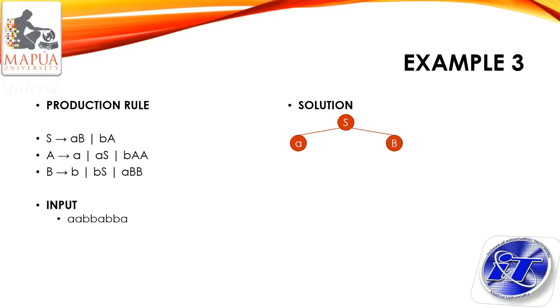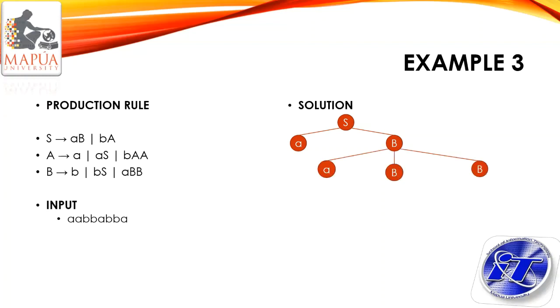Now let's replace the node B. We have three options: b, BS, ABB. Which among these three will be used to replace B? Let's check the input. The second symbol is terminal a. Which among these three will yield a terminal a? The third option. So B will be replaced by ABB.